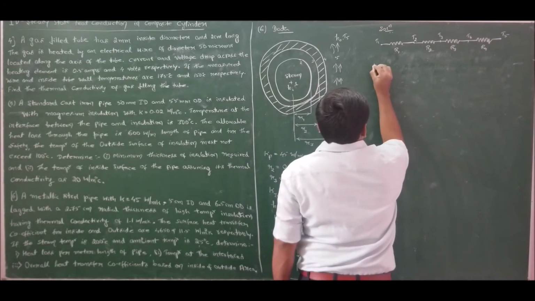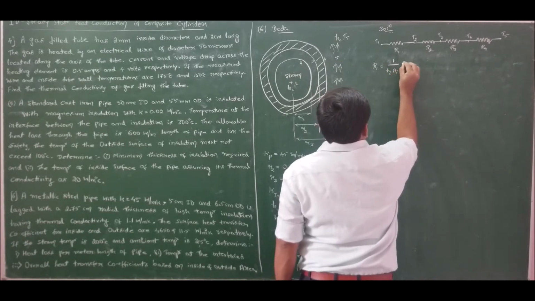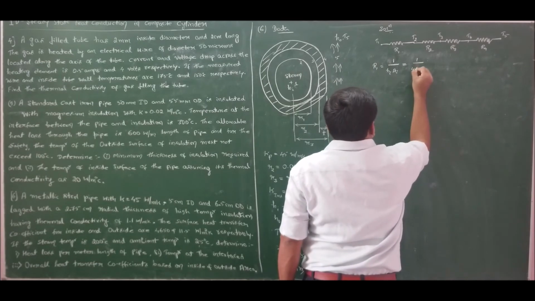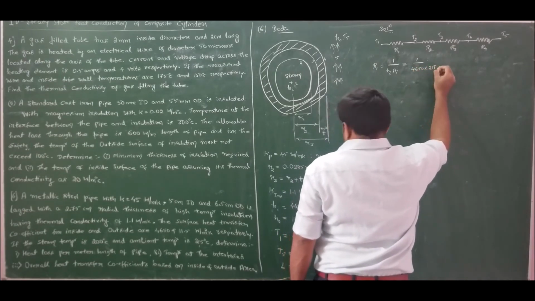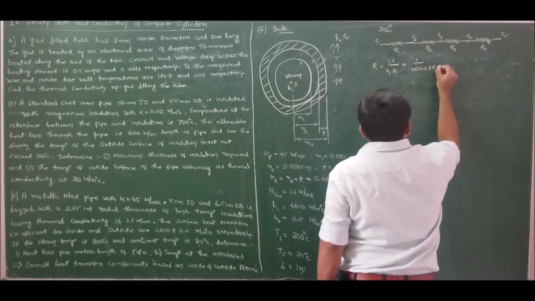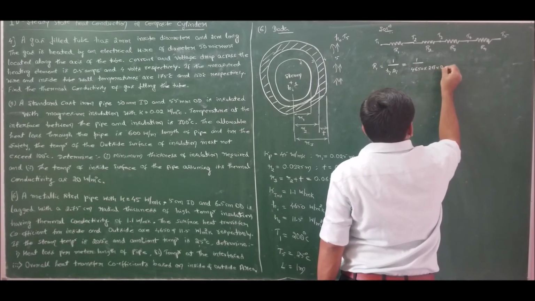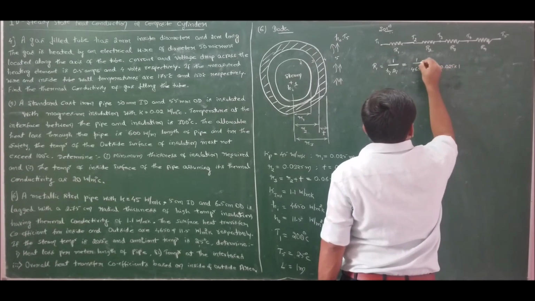So if we calculate the resistance, R1 because of convection is 1 by Hi Ai, which is equal to 1 by Hi, that is 4650, into 2 pi R1 L, where R1 is 0.025 and L is 1 meter.